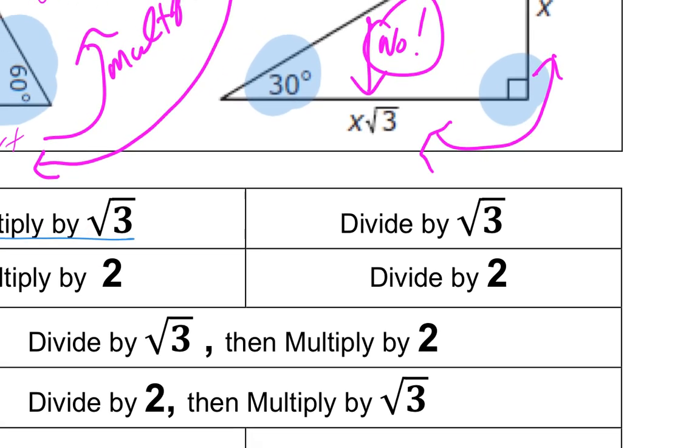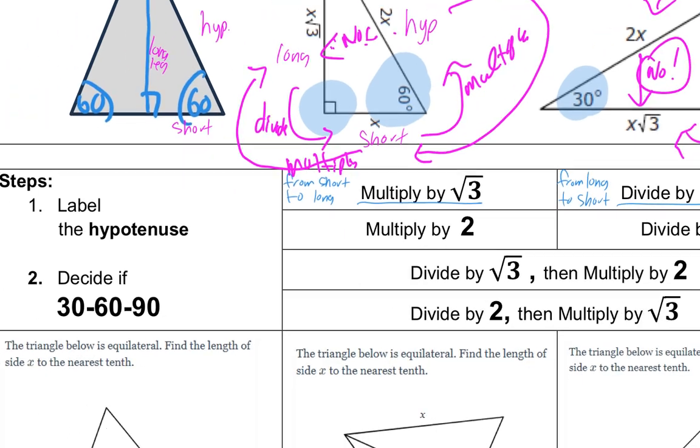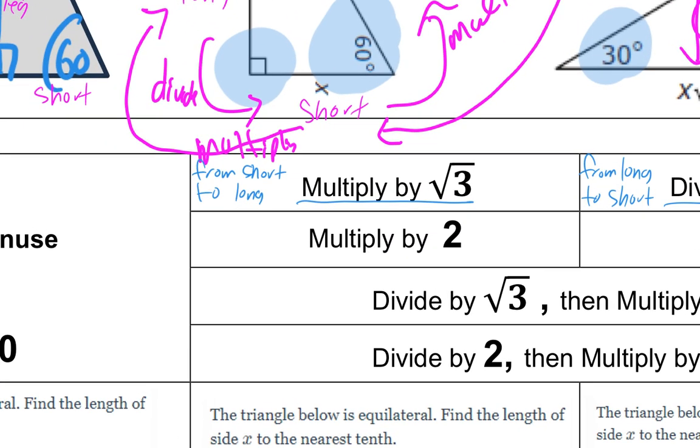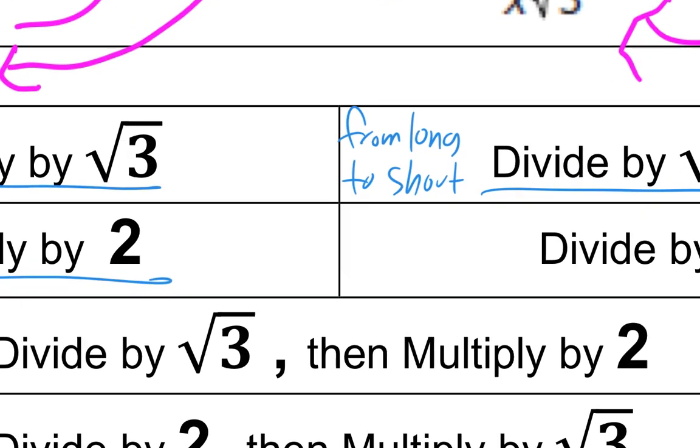If we are going from the long to the short, we're going to divide by the square root of 3. If we are going from the short to the hypotenuse, we're going to multiply by 2.